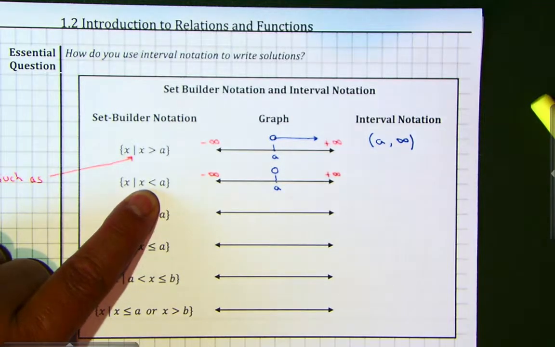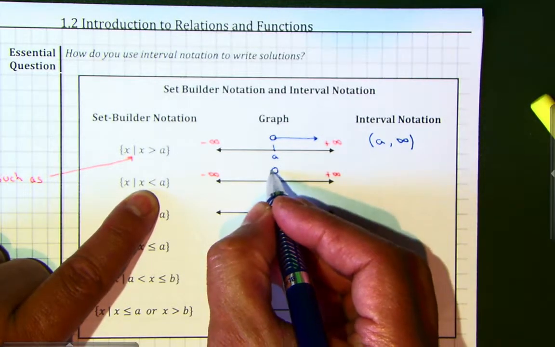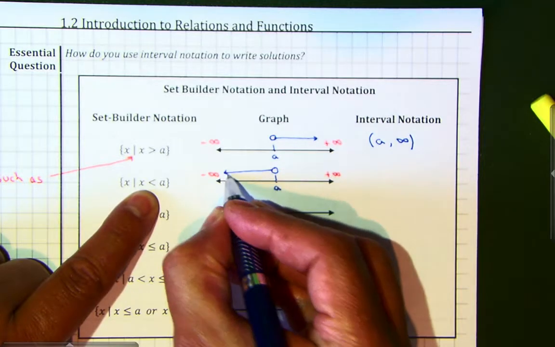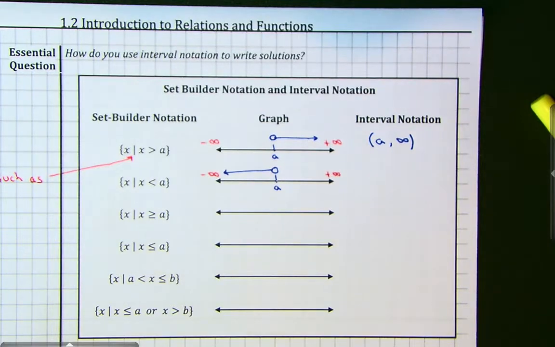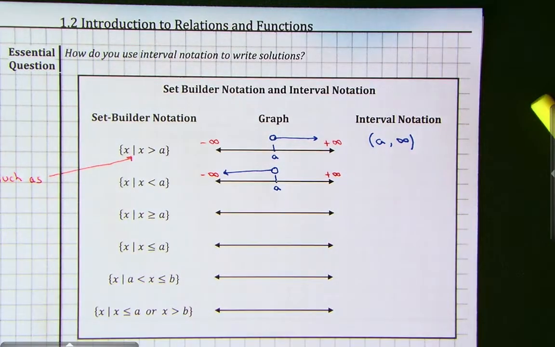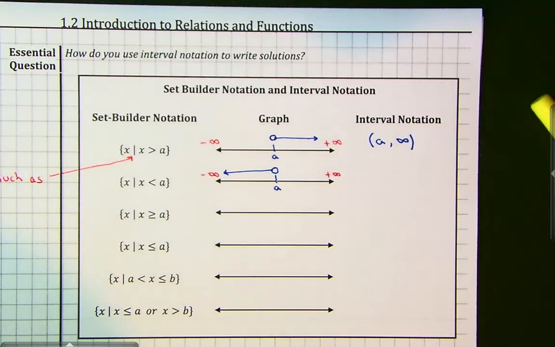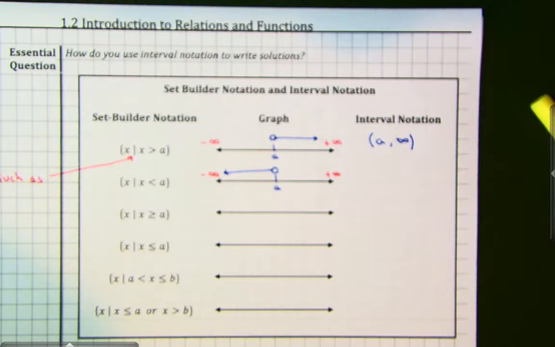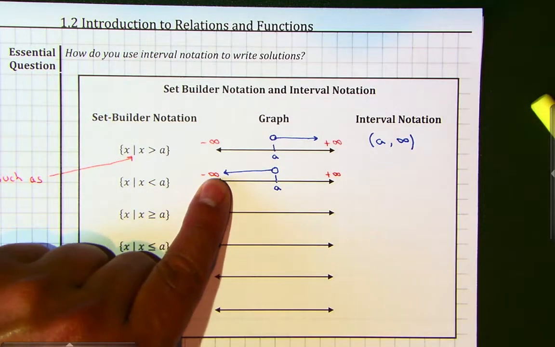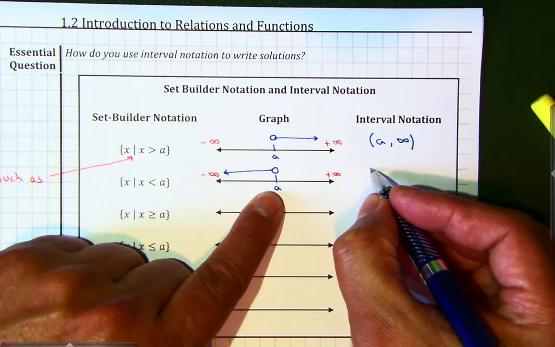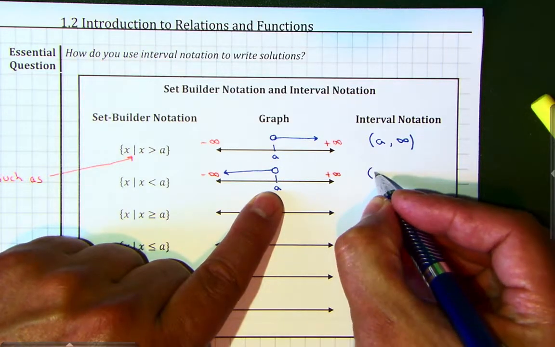And all the values that are less than A are to the left. So therefore, we always start with the lowest number. It's going to be from negative infinity all the way to A.